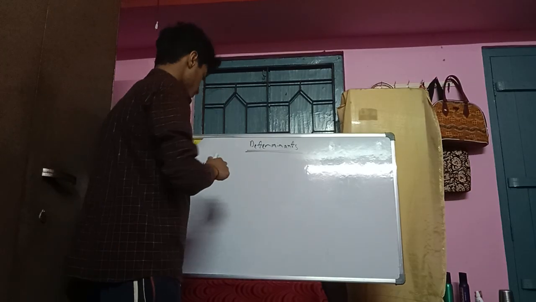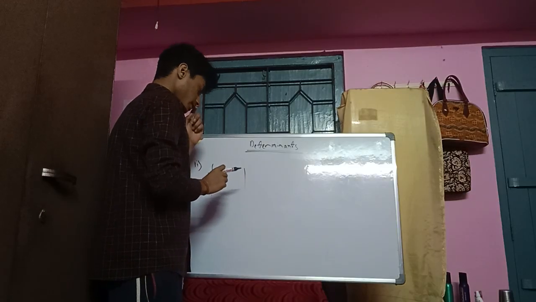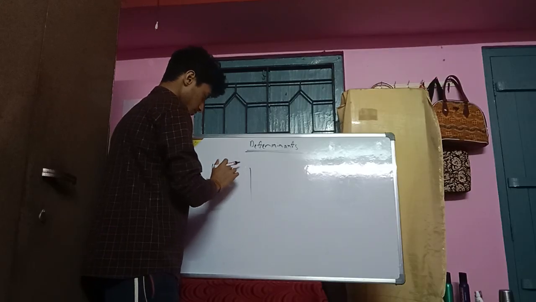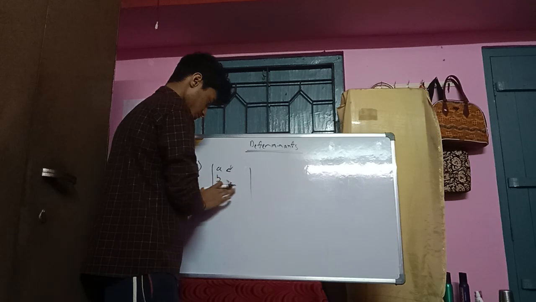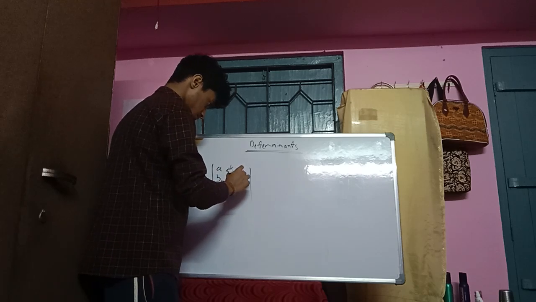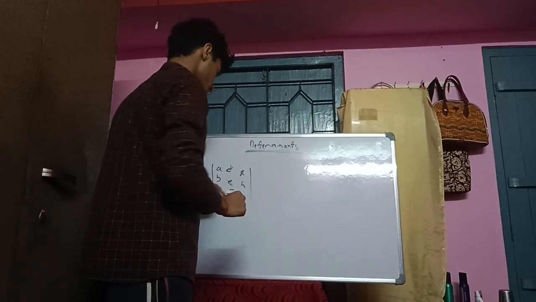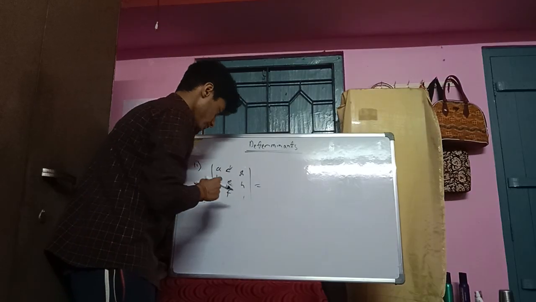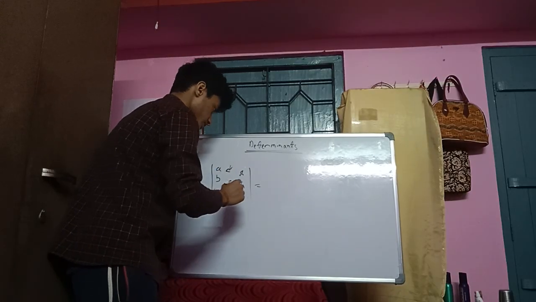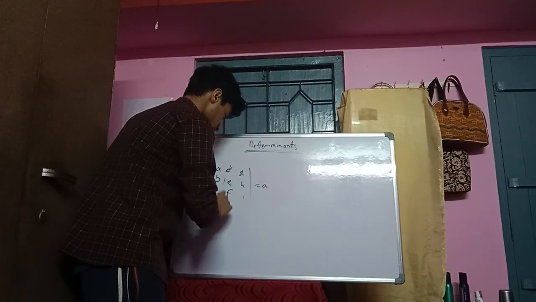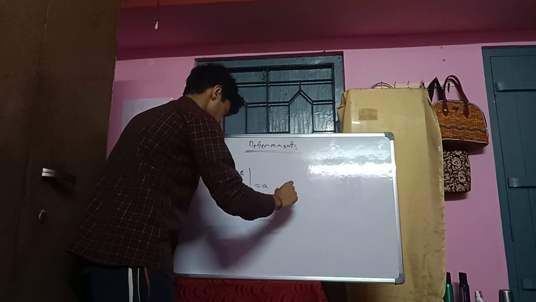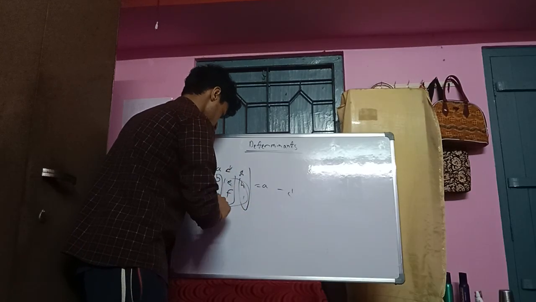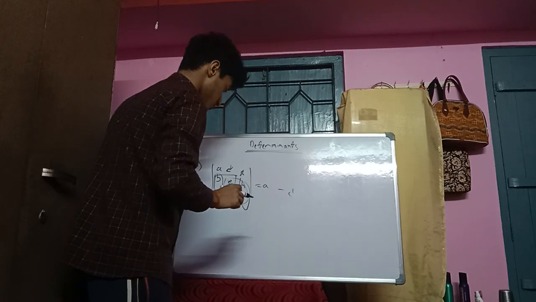The first one of them is that when we take a determinant, let's say we take a 3 order determinant with the elements A, B, C, D, E, F, G, H, I. So what I've told you guys in the previous videos of this series is that evaluating this would give us A times this determinant minus D times this determinant plus G times this determinant. Okay, you guys probably remember that.